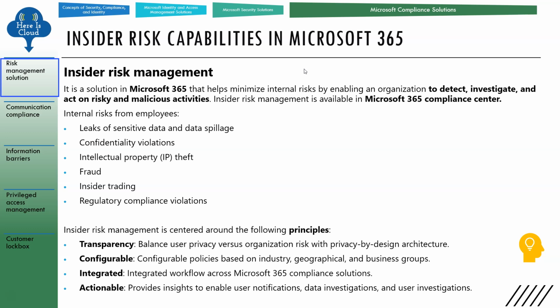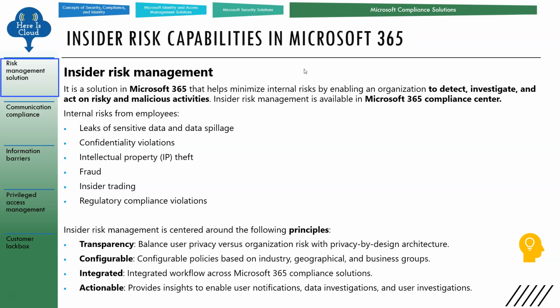So transparency means balance user privacy versus organization risk with the privacy by design architecture. It should be configurable, with policies based on industry, geography, and business group. It should be an integrated workflow across Microsoft 365 compliance solutions, and it provides insights to enable user notification, data investigation, and user investigation.